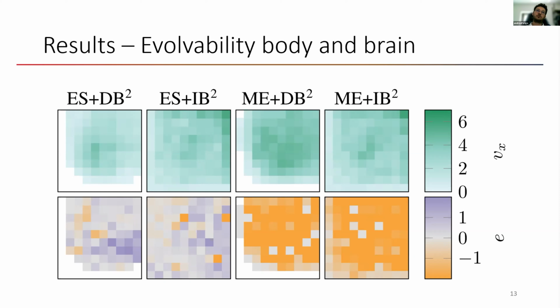In this case, we also see that, in particular for evolution strategies, there are values that are positive. And this shows that these individuals generate better individuals in terms of fitness, but are not replaced by new and better individuals.